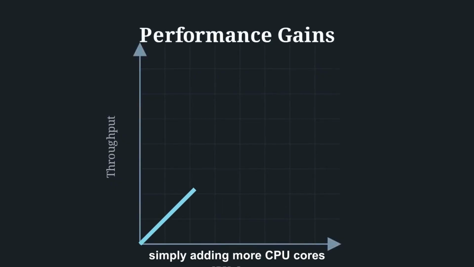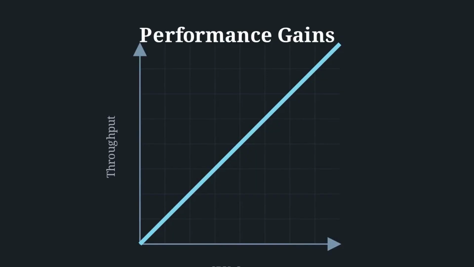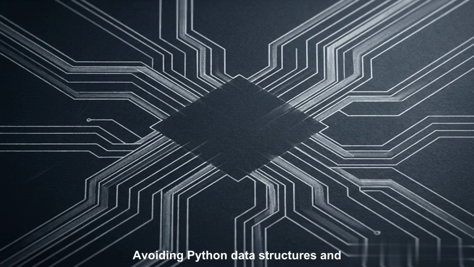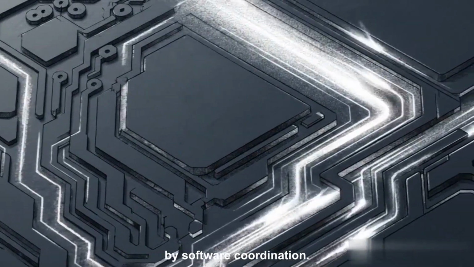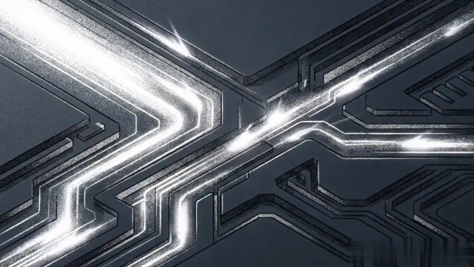Zero communication threading ensures that simply adding more CPU cores yields linear, unbroken performance gains. Avoiding Python data structures and thread locking removes the software completely from the critical path. Performance is no longer dictated by software coordination. It is limited strictly by the raw speed of the silicon.